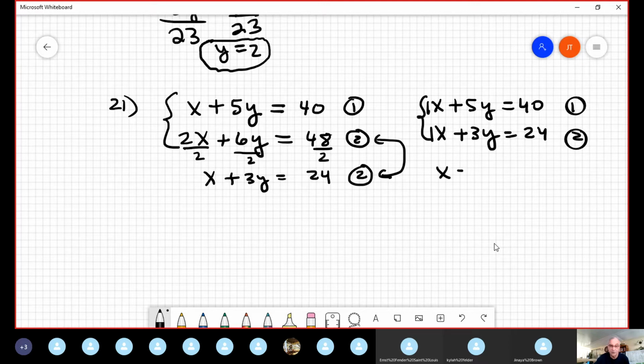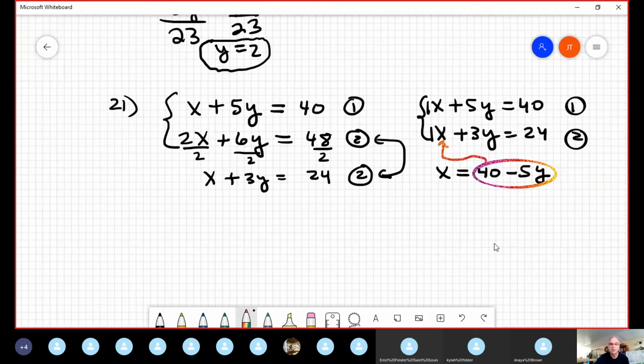So x is equal to 40 minus 5y. And now substitute this expression into the other equation. So it's 40 minus 5y plus 5y equal 40.